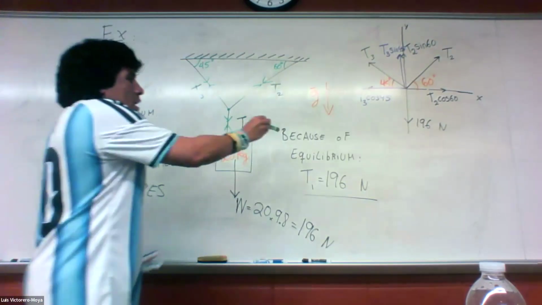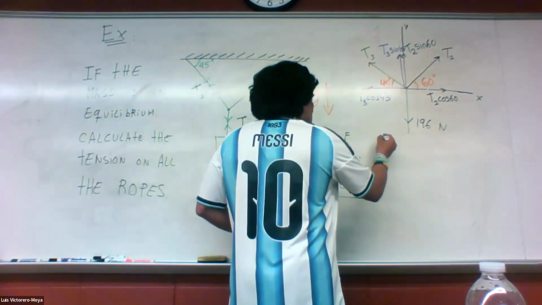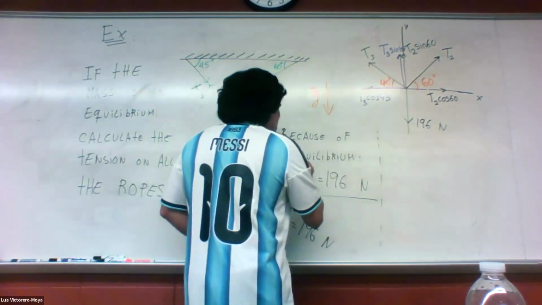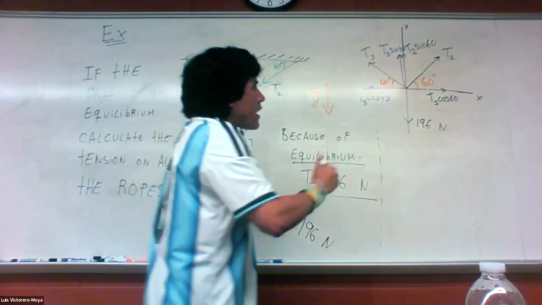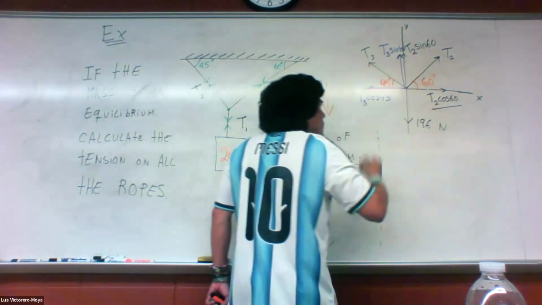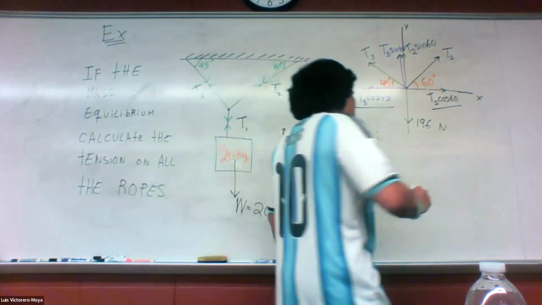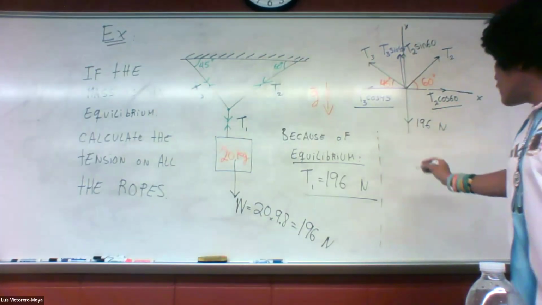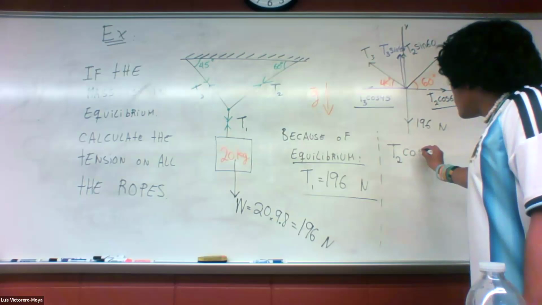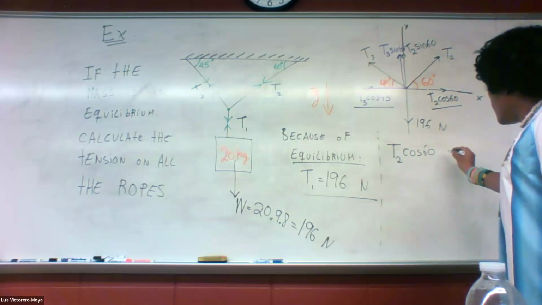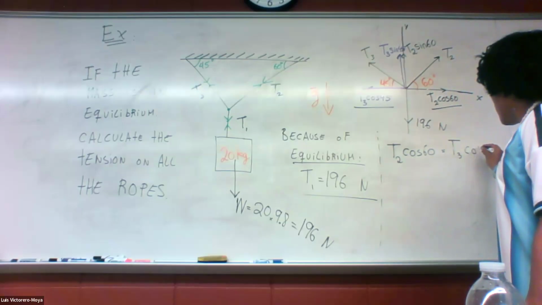So because of equilibrium as well, the force acting towards the right has to be equal to the force acting towards the left. So your first equation is T2 cosine 60 is equal to T3 cosine 45.